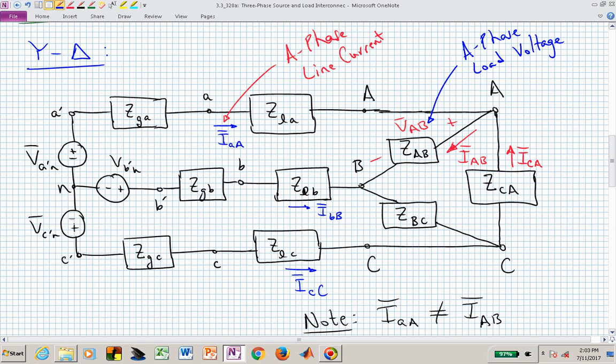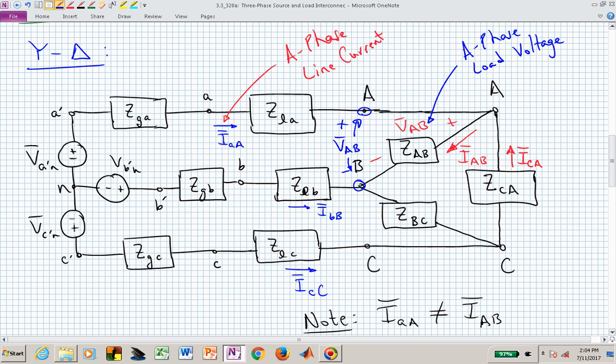And note that that's actually the voltage across terminal A and terminal B. That's this particular voltage drop that we had defined in the previous interconnection pattern, but now here our A phase load voltage is in fact equal to the A phase line voltage.